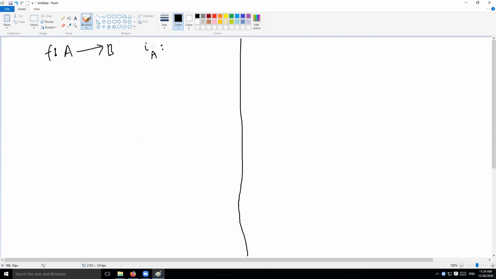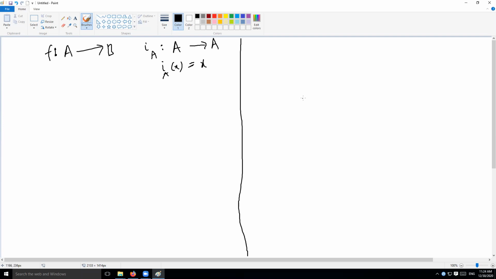Who remembers the identity function? So identity of A is a map from A to A. And what is the definition of it? The identity function operated onto some x gives the same x back.